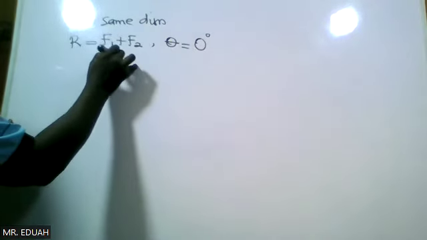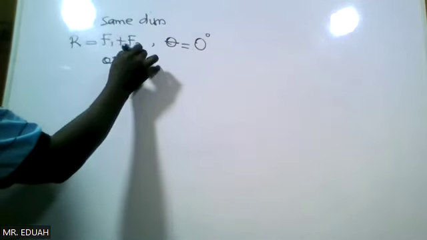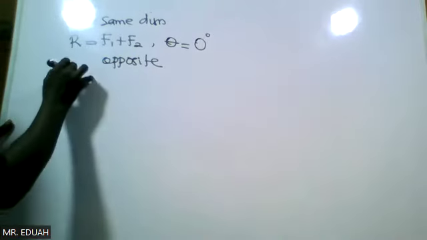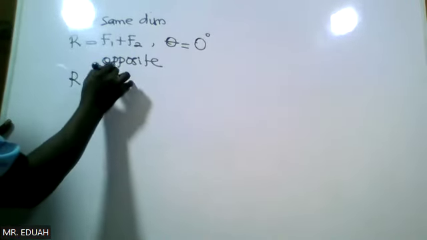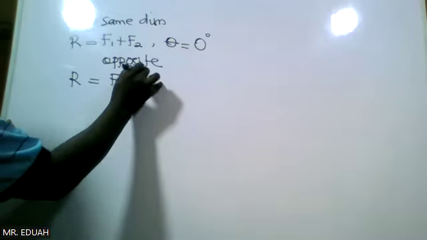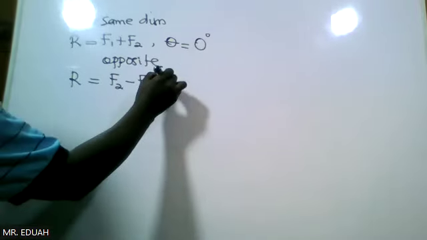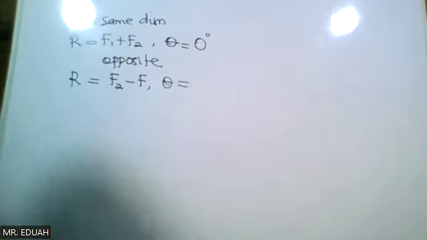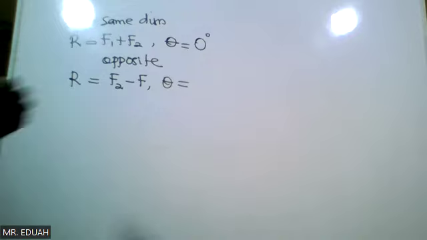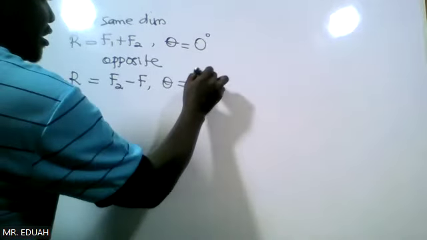When they are moving oppositely, R is equal to F2 minus F1, depending on which one is greater. And here, theta is equal to what? 180 degrees.